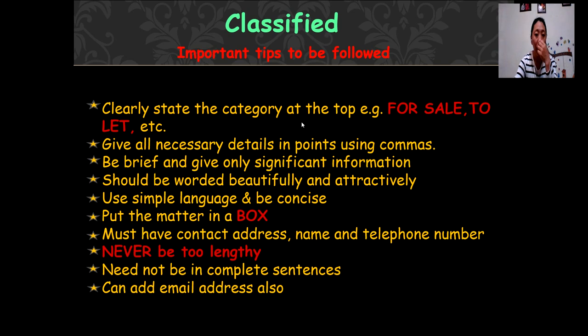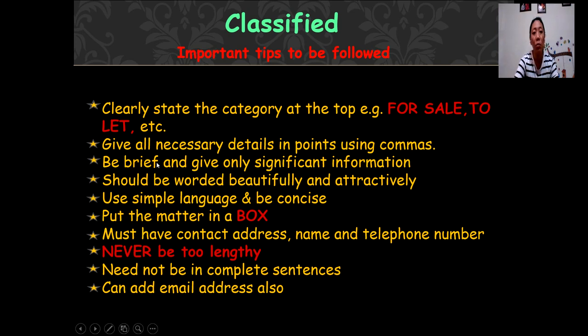All right. Okay, so next one is, now there are so many captions that you will come across in the later slides. Next one is give all necessary details in points using commas. So keep in mind that you are required to give all the important and necessary details in points, not in complete sentences. So you can use adjectives using commas after the words or after the adjectives.